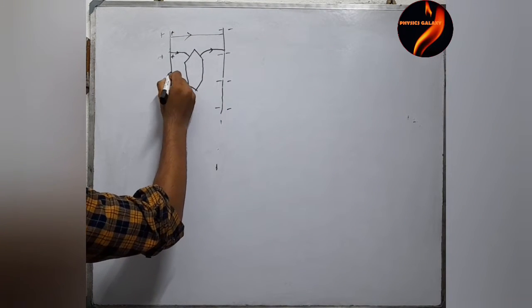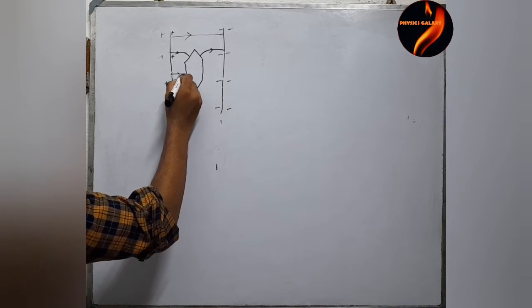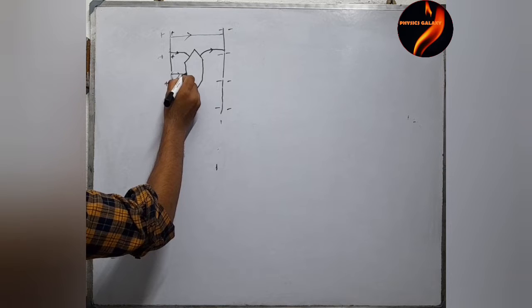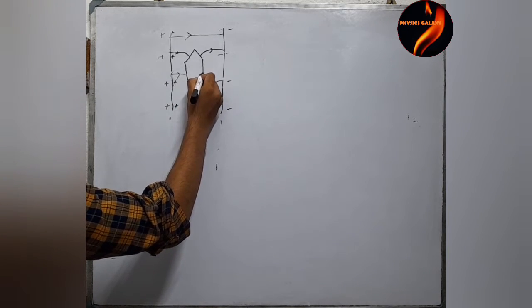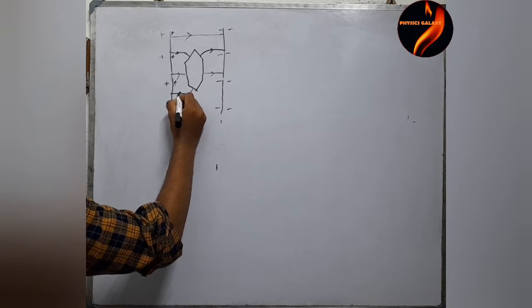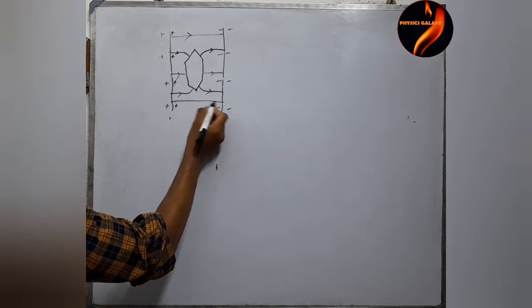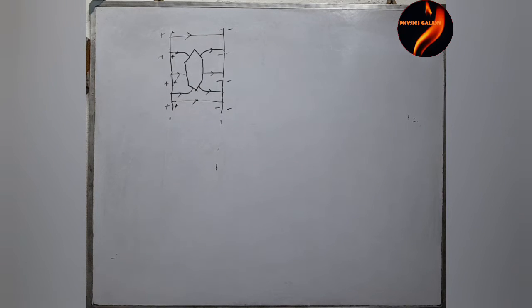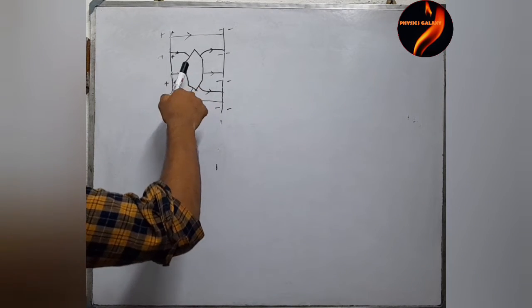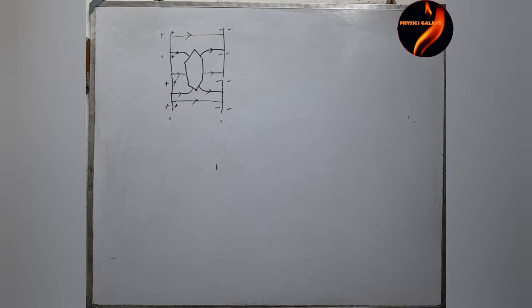It also starts from here and ends at the surface of the conductor perpendicularly, and it will be like that, and for here it will be like that. Here we see that the field lines do not exist inside the conductor, because we know that electric field lines do not exist in a conductor.